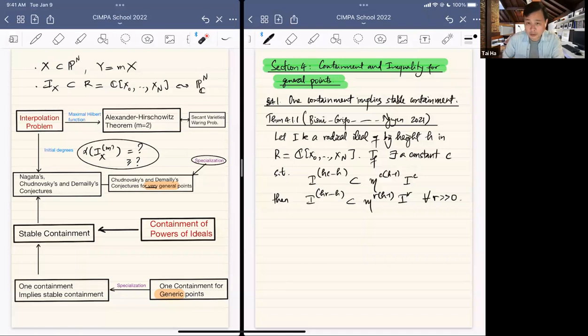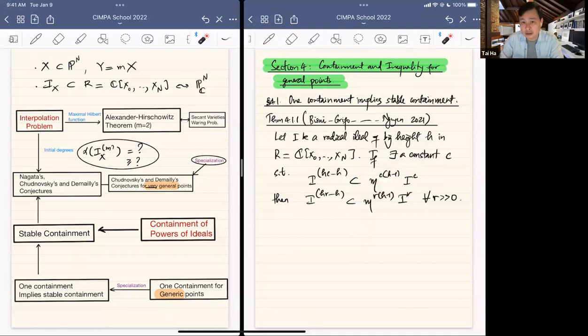So of course, having a smaller power here means that you have a bigger ideal. So if this is contained in here, then the conjectured power would be contained in this on the right hand side as well.